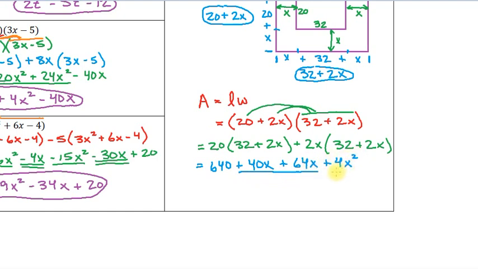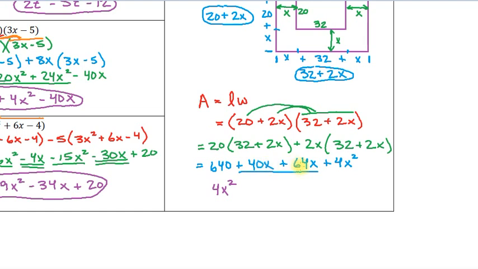Cannot be combined. Now, I'm going to do one more thing in this particular problem, class. I'm going to go ahead and put the terms in proper order. We'll learn this in a different video. You want to put the term with the highest exponent first. So we got 4x squared. Our next exponent is x to the first power.